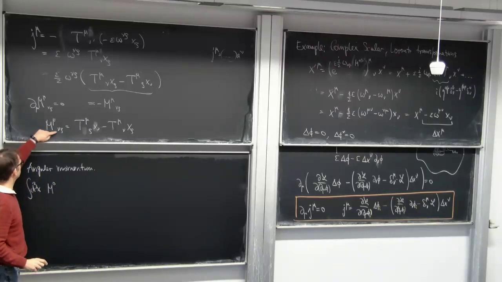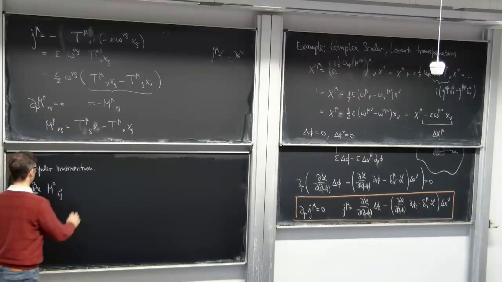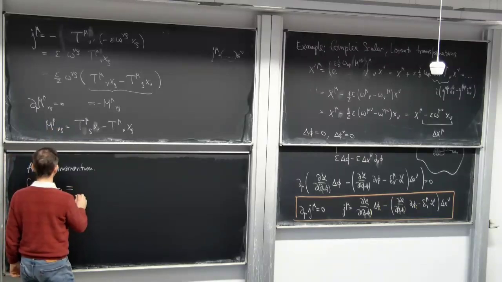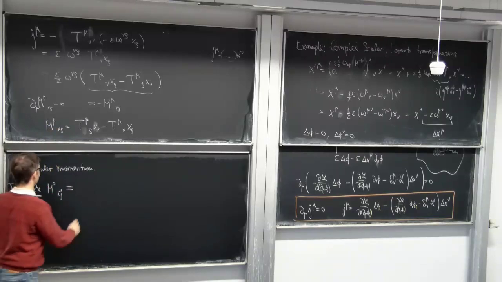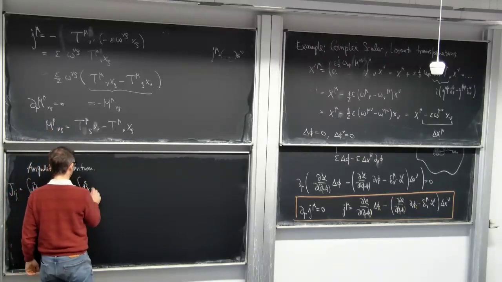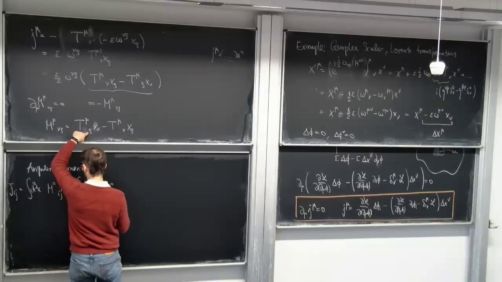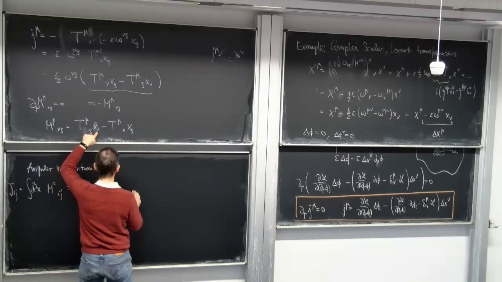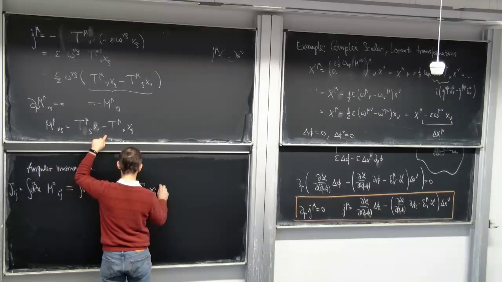Angular momentum means spatial, so it could be ij, and this is the angular momentum J ij. It is the integral of x^i T^{0j} minus x^j T^{0i}.